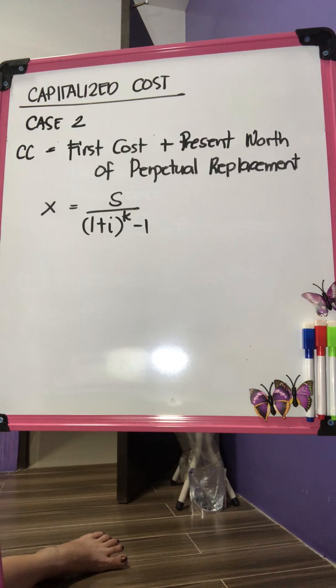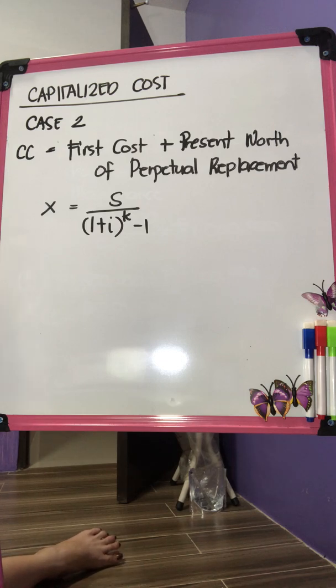At the end of its useful life, it is estimated to have a salvage value of 30,000 pesos. So, after 15 years, ang magiging value na lang niya is 30,000. Originally, siya ay 300,000 pesos. Let us determine its capitalized cost if interest is 18% compounded annually. So, given yung rate of interest natin, which is equal to 18%.